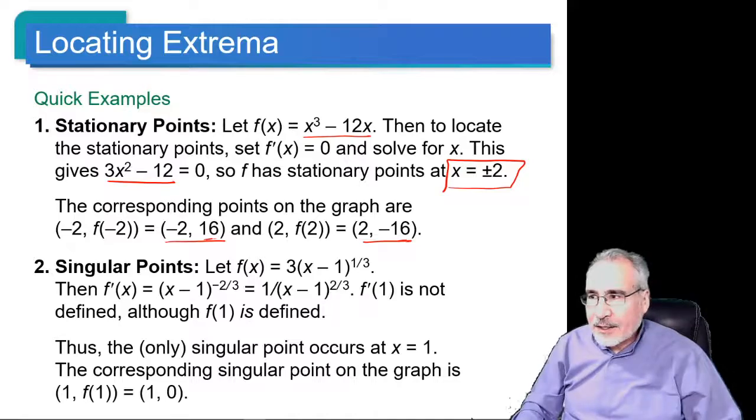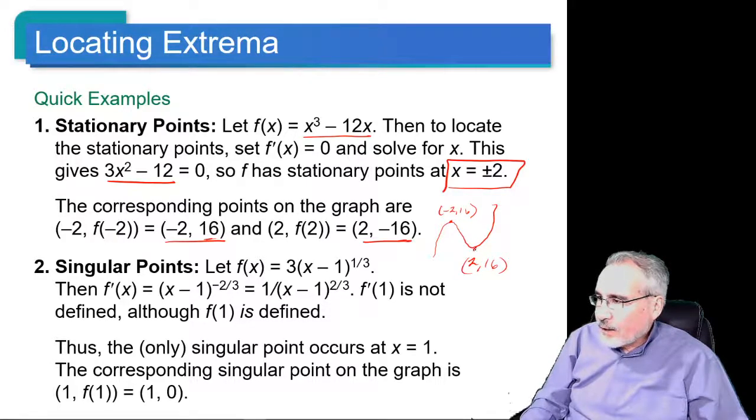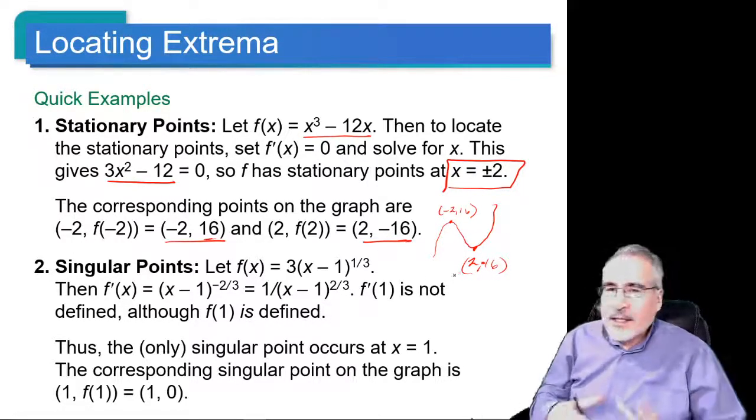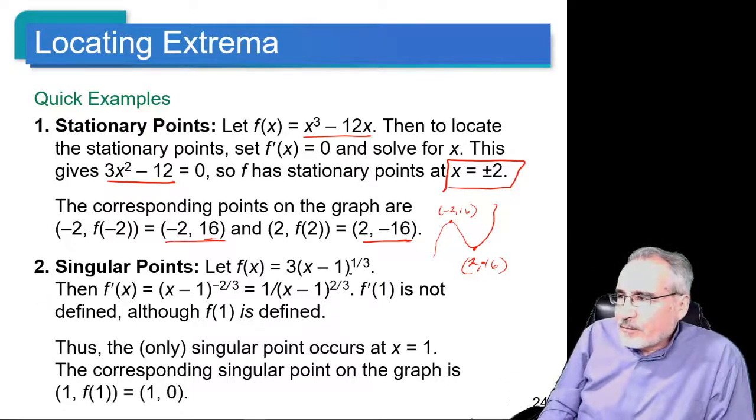Probably not, but we would look at the graph and see that we've got something like this, where this would be the point -2, 16, and this would be +2, -16. As you do this, you'll be able to look at the graph anyway. You could go ahead and graph that one.